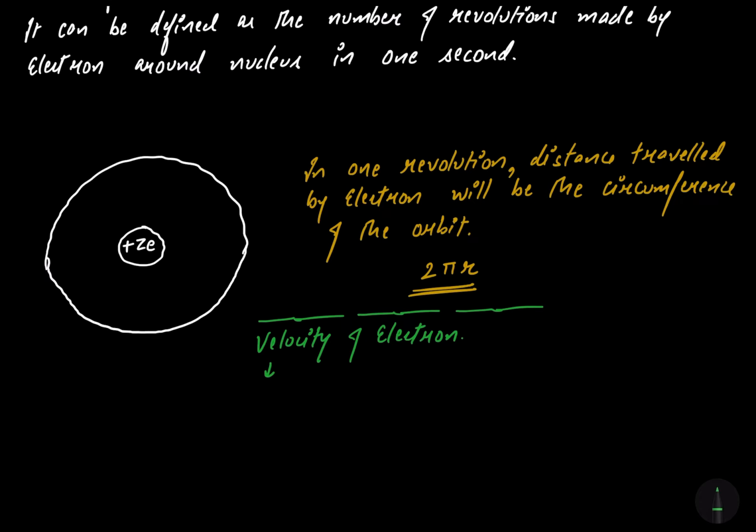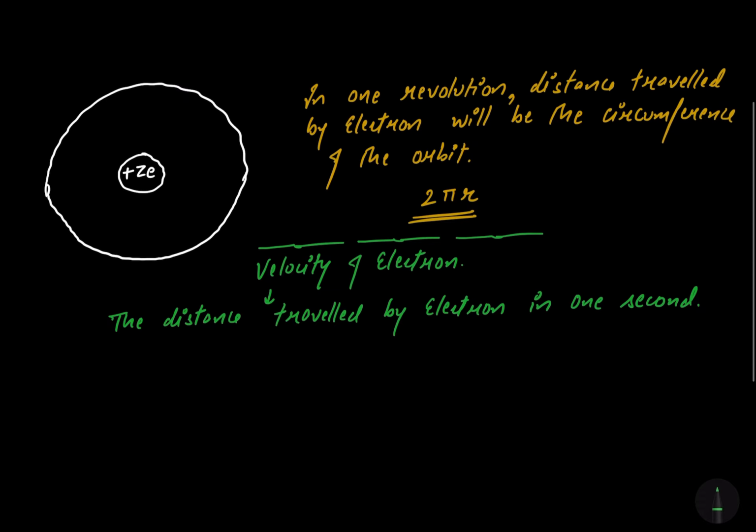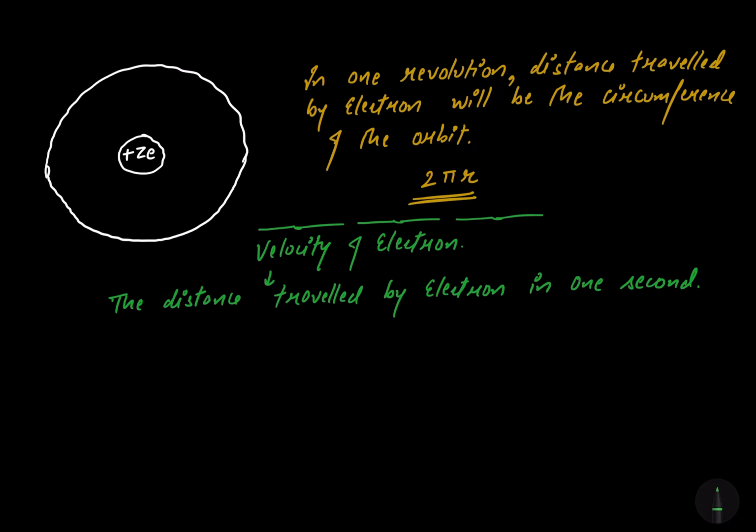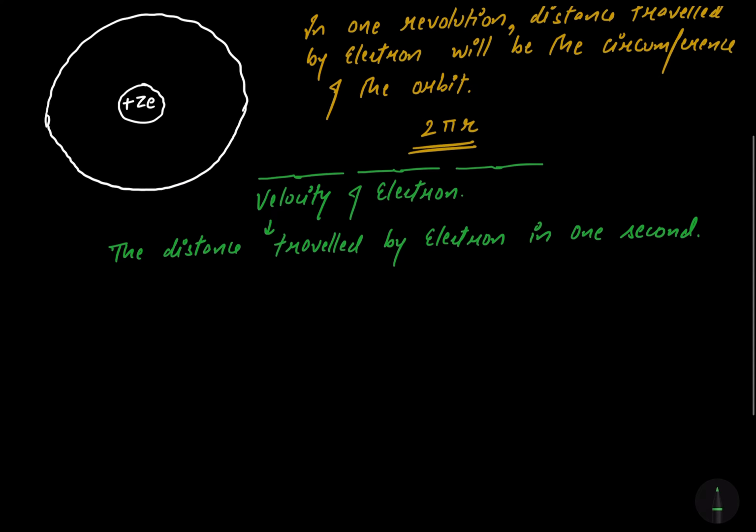It can be defined as the distance traveled by electron in 1 second. So that is the velocity. So we have to evaluate the number of revolutions made by electron in 1 second. So that's the frequency.